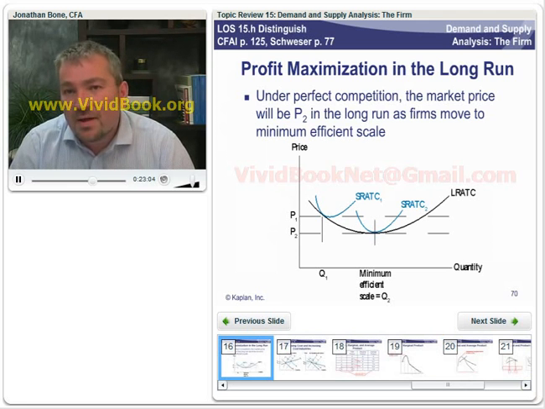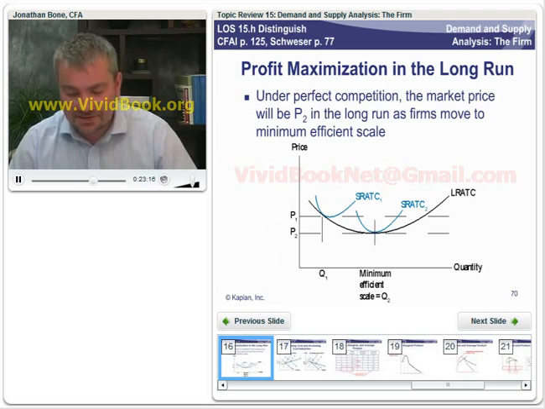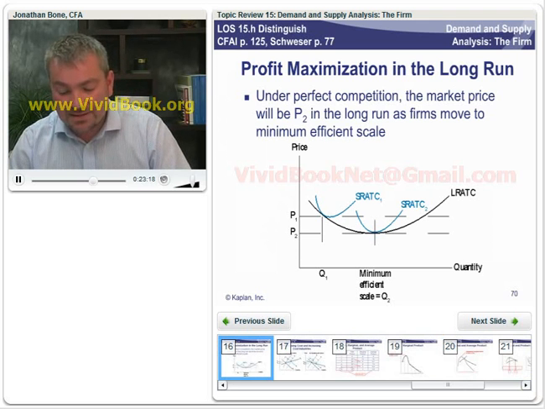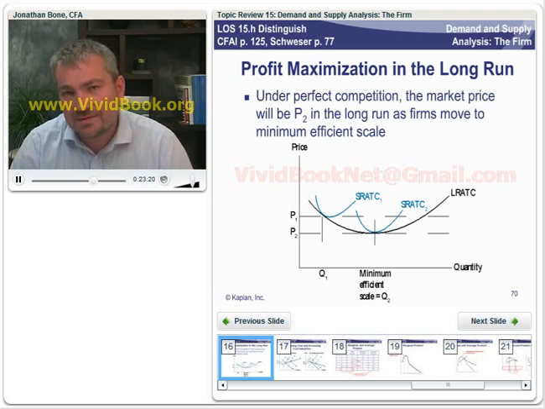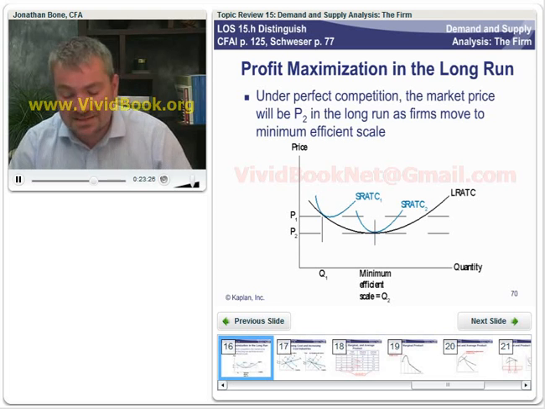So, at P2, notice, our long-run average total cost curve is minimized, and that gives us the efficient size of the firm. The point where it minimizes the long-run average total cost curve is the efficient size of the firm. And we're asked to distinguish between the short-run average total cost curve, where the size of the firm is fixed, and the long-run average total cost curve, where the size of the firm is variable.